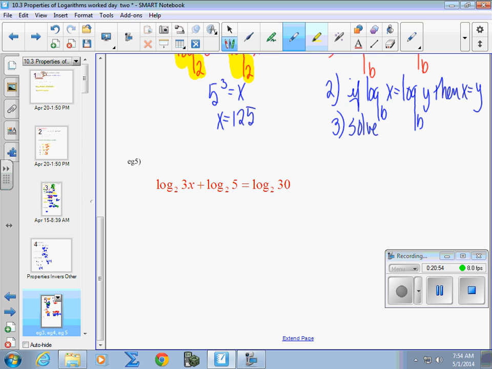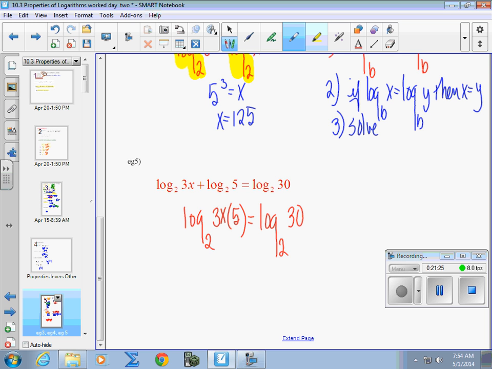So once again, the first thing you want to do is write the left-hand side as a single logarithm. So plus means to multiply. So we have log base 2 of 3x times 5, which y'all could have written as 15, is equal to log base 2 of 30.